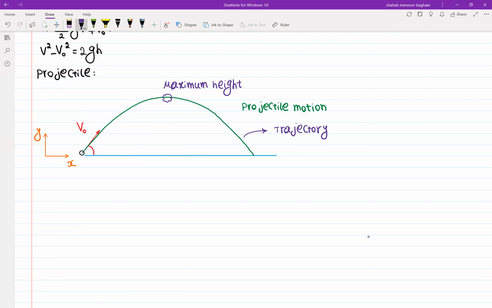Therefore, let's review it. Along the x-axis, you have always a motion to the right. Along only the y-axis, you have up and down motion. At first, it is upward motion. And if it reaches maximum height, it will go downward.